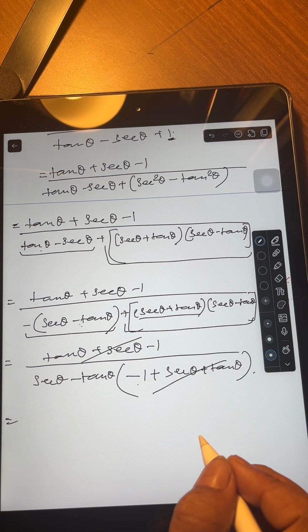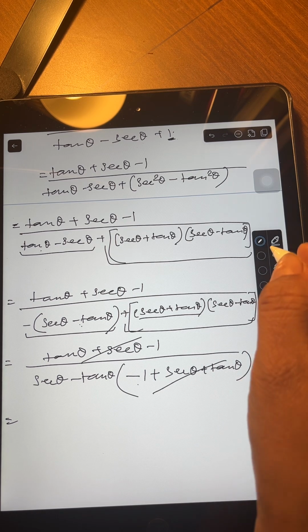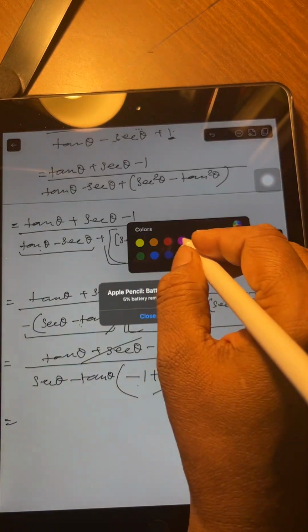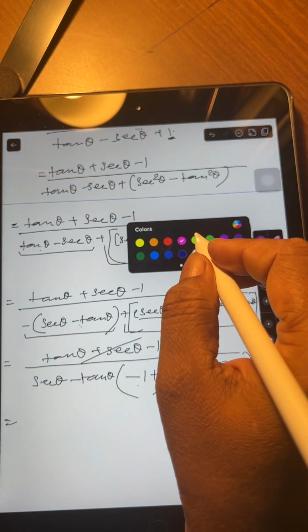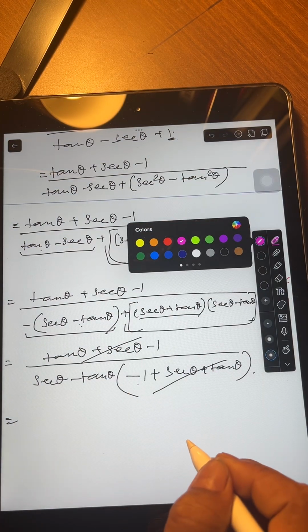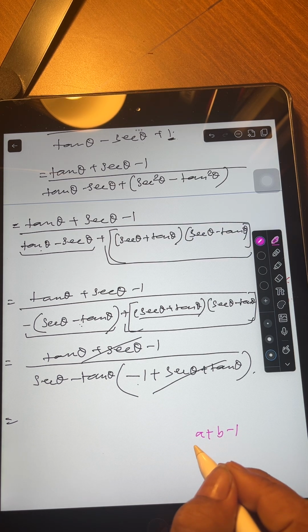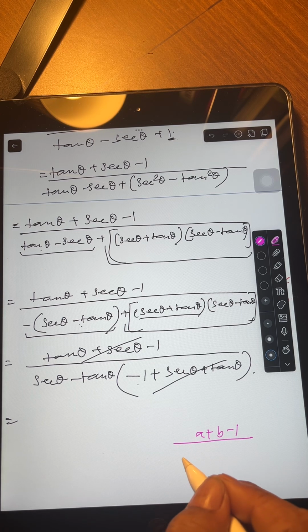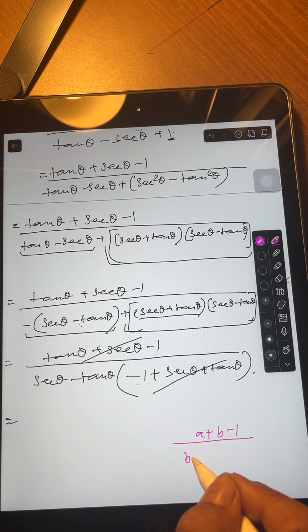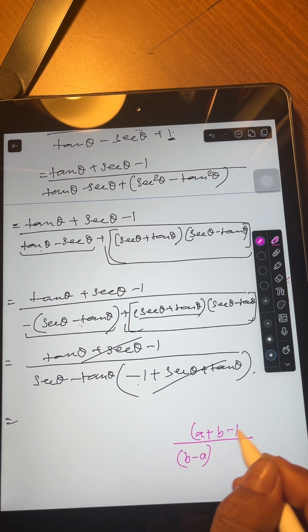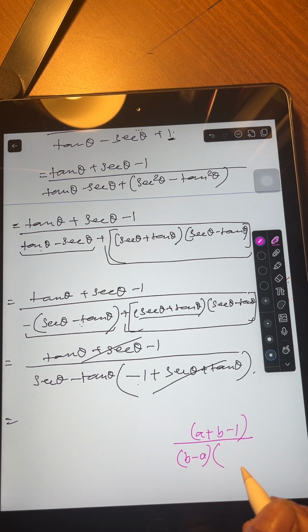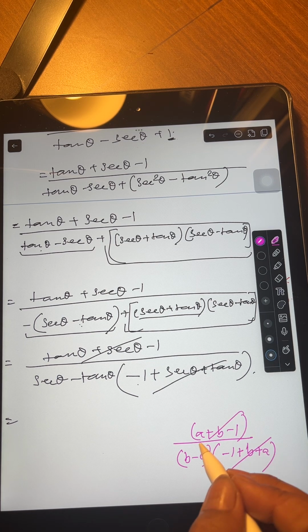Okay. Now, to make it clearer, if I have, for example, a plus b minus 1 by b minus a, and minus 1 plus b plus a, if it is like this, I can cancel both of these, no?